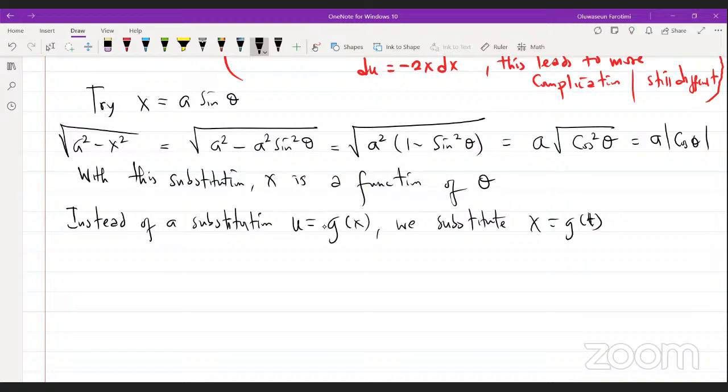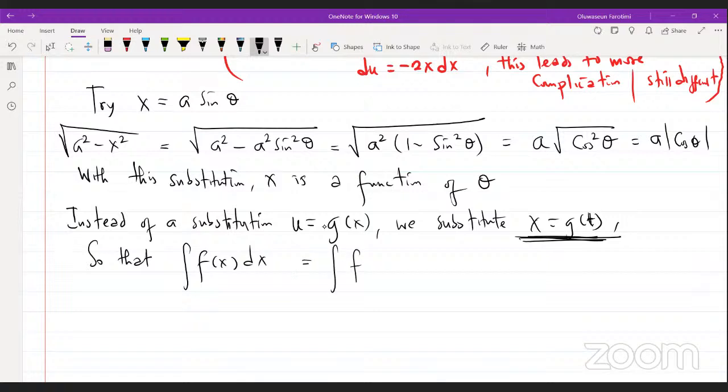It gets interesting when we do examples. If you substitute this guy, what happens? Your integral of f of x dx, keep in mind that you made this kind of substitution, so whenever you see x, replace x with this guy. So this becomes f of g of t. But right now you have dx, right?